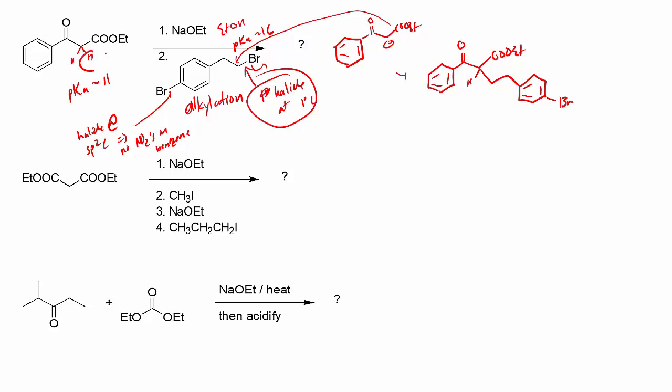So we're taking one of these and replacing it with the whole group attached to bromine. So pull a proton off, do an SN2 reaction. This is diethyl malonate, and this is going to be the start of something called the malonic ester synthesis.